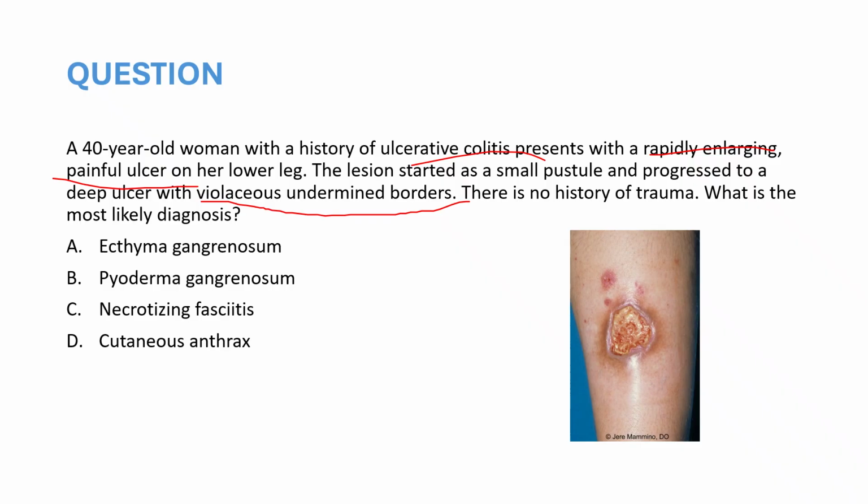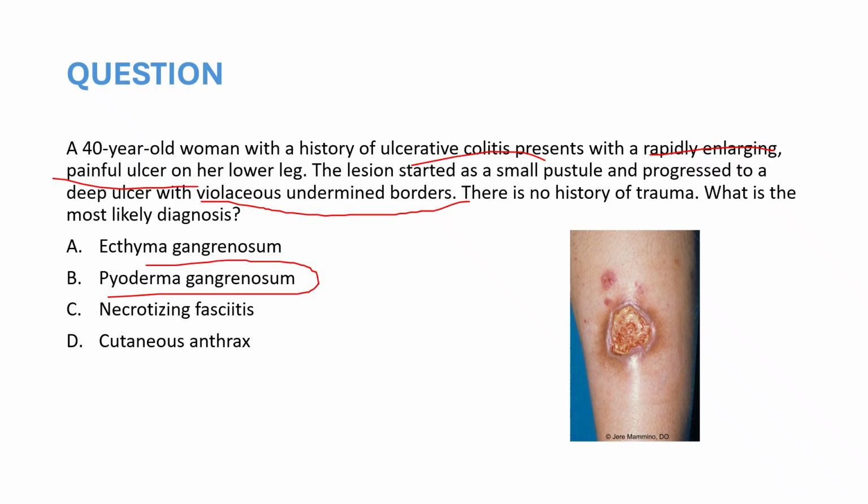So I told you IBD can be associated with erythema nodosum. It can also be associated with another ulcerative condition, again over the shin, called pyoderma gangrenosum. Not ecthyma gangrenosum; that's a different terminology, a different thing. Necrotizing fasciitis is a microbial infection of the subcutaneous tissue and deeper.